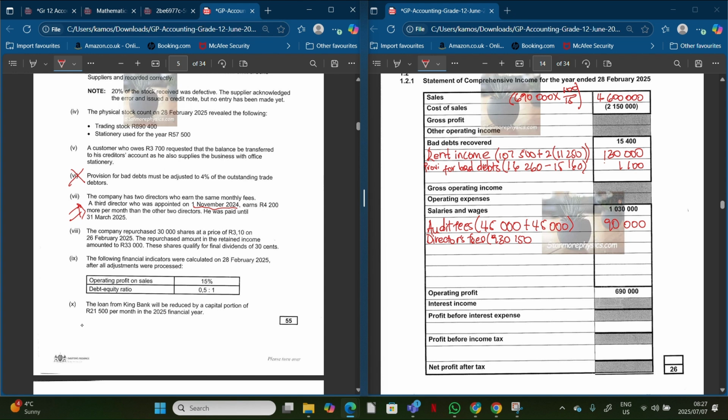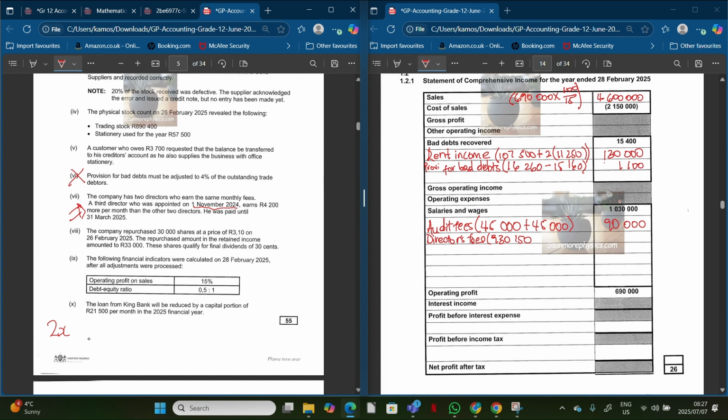Now remember, they're saying that two directors earn the same fee. So two directors earn the same amount. So the moment you see that two of them earn the same amount, we go and say 2x, because two of them earn the same amount.